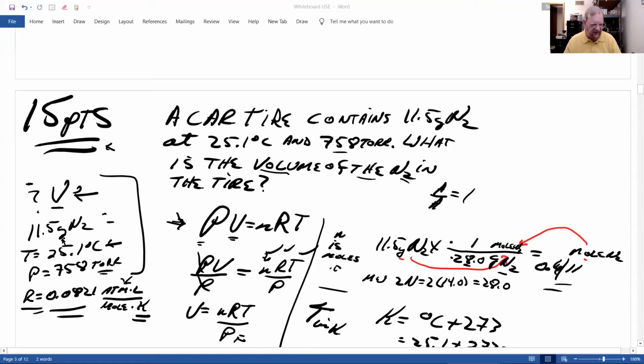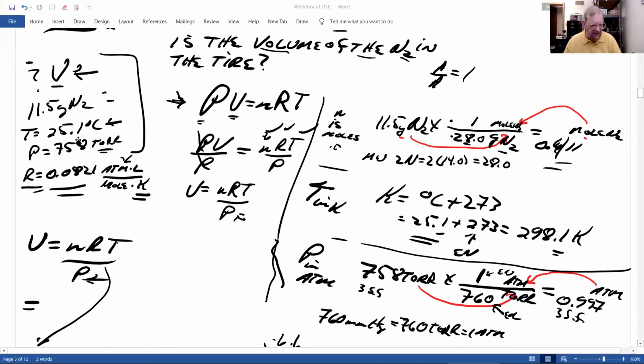What are you given? The weight of the nitrogen. You're also given the temperature and the pressure. And important information I'll give you is the universal gas law constant, 0.0821.